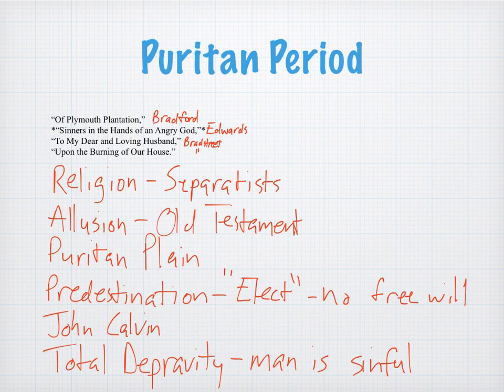Very pessimistic view, and very much a guilt-ridden, I guess you could say, paranoid style. If you think about Sinners in the Hands of an Angry God, he spends a lot of time telling everyone how awful they are. And that is not very palatable to a modern audience, but that was the mindset, that was the optique of the Puritans.